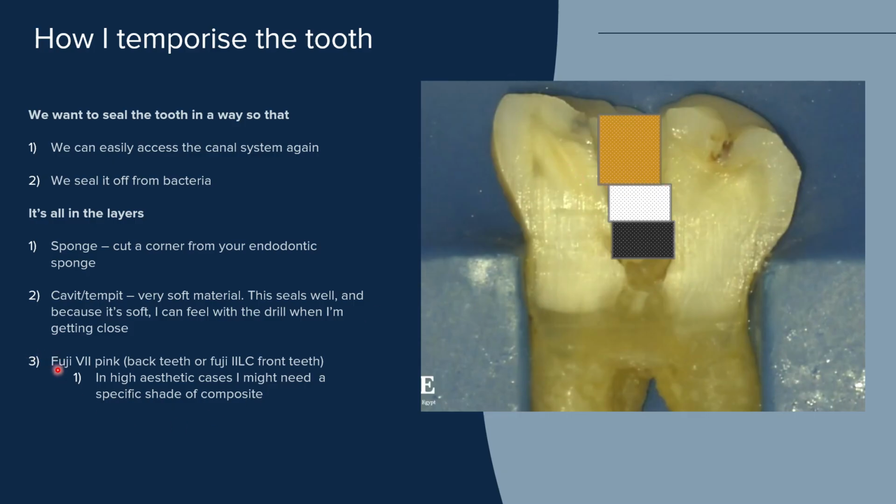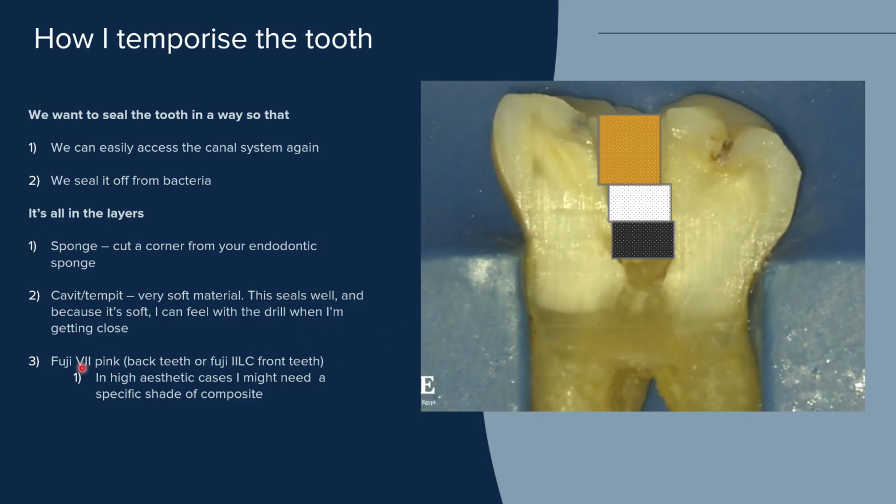Typically dentists like to use Fuji 7 pink because the color of the Fuji is quite different to tooth, so we can very nicely go in there without removing more tooth structure and get rid of all that temporary. If it's a front tooth, I like to use Fuji 2 LC because this is more tooth colored, so patients are happier. I don't think your patient will be happy with an orange front tooth.